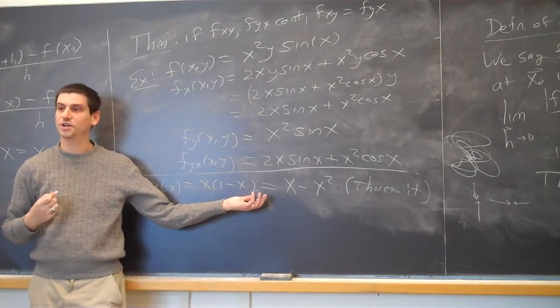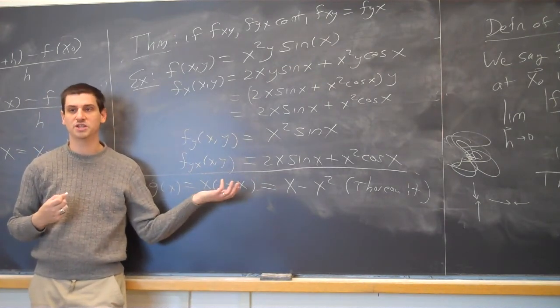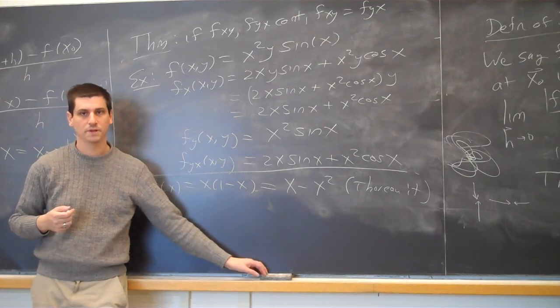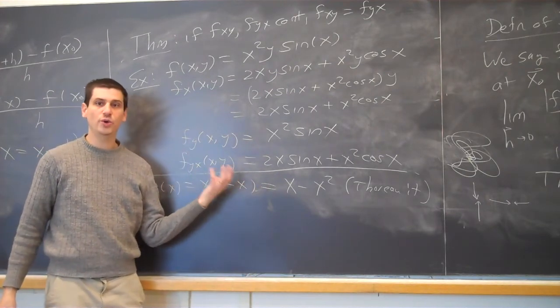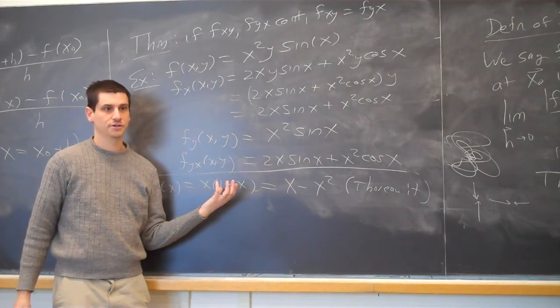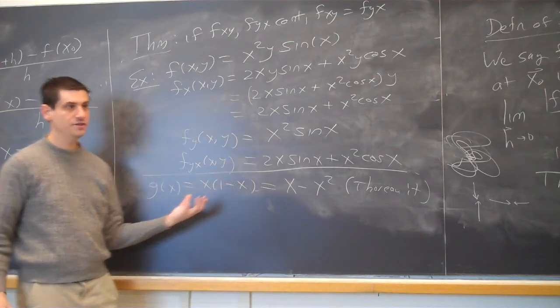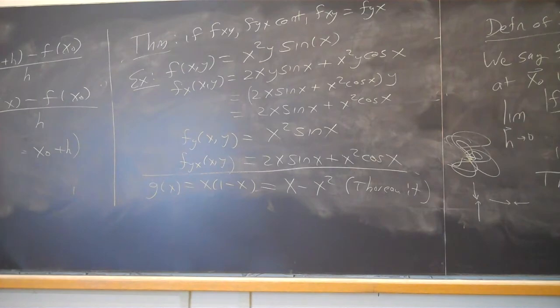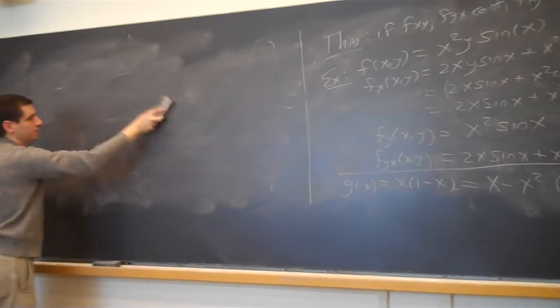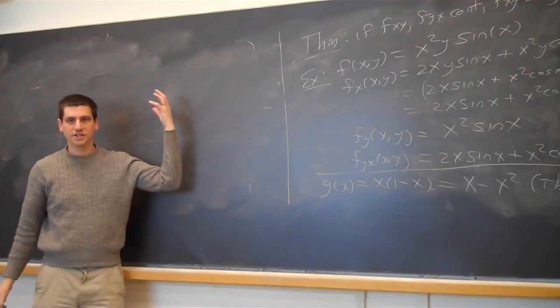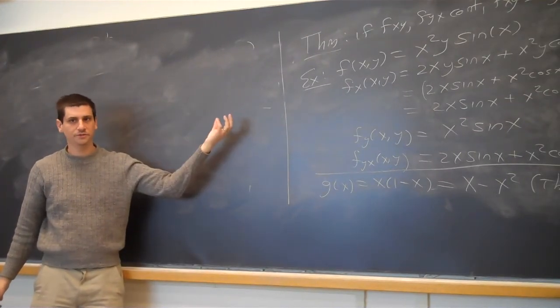Now I don't have to use the product rule. I have two very simple polynomials to take the derivative of. So again, the order in which you do algebra is going to make a difference. Some paths are easier than others. It's worth taking a moment and thinking, what is the best way to do what I need to do? Okay. Any questions about the definitions, the example?